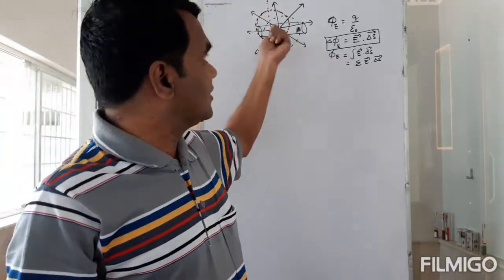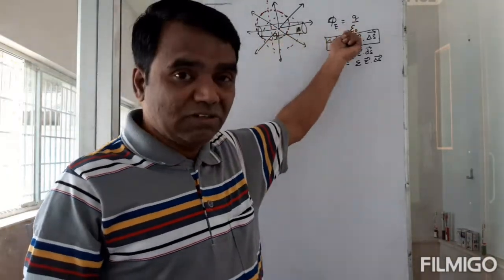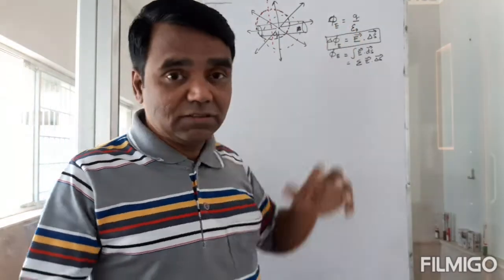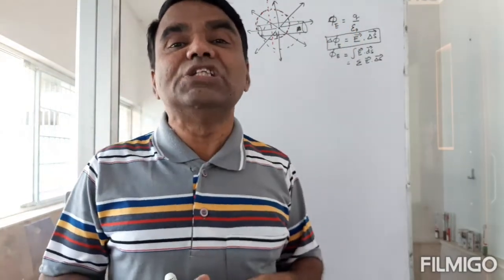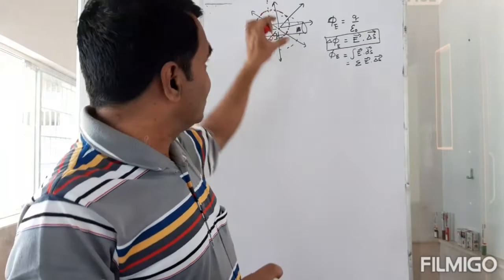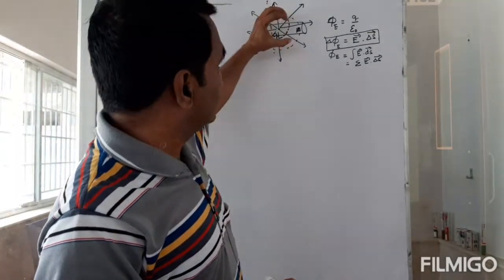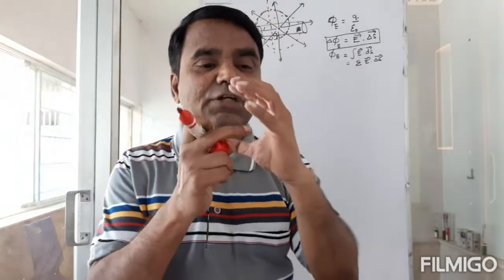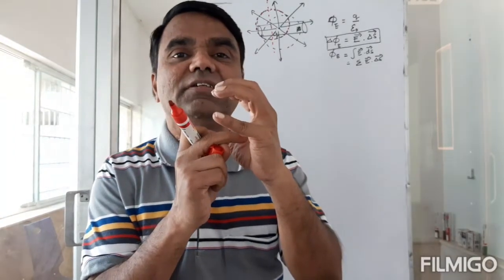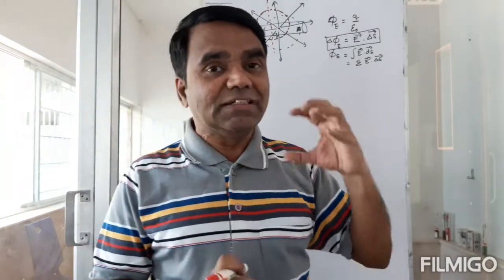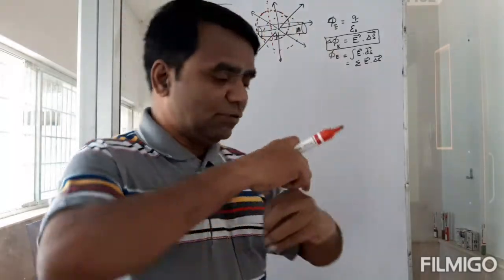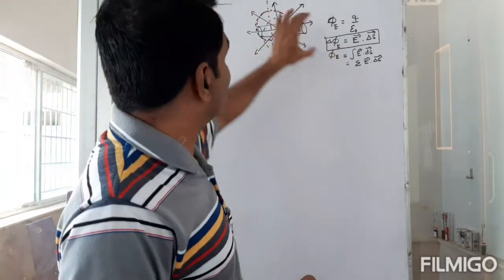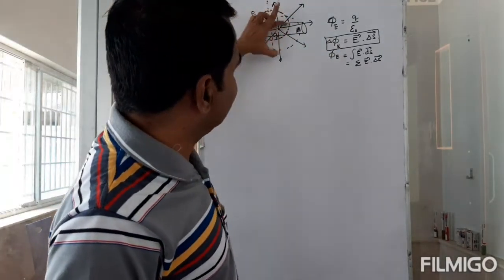So the total number is equal to Q by epsilon naught, and that's the flux, and that would not change. Whether you have a sphere and you keep the charge in the very center, or you take the charge to one side of the sphere, doesn't matter. The only difference is that field strength will be greater here when it is closer, so that's why you get more lines there.